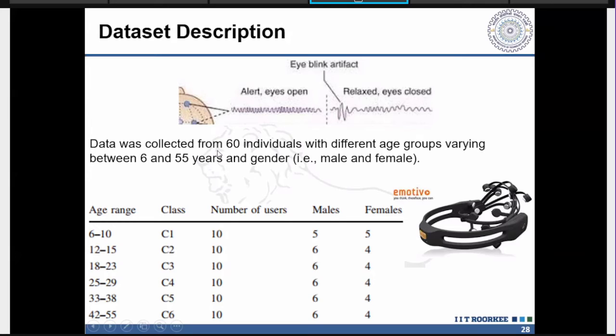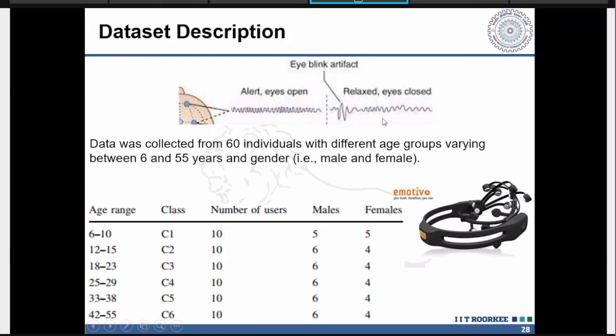The data was collected from 60 individuals in our lab. The eyes were first open, and then they blinked their eyes, and then they closed them. When the eyes were closed, we collected the signals.